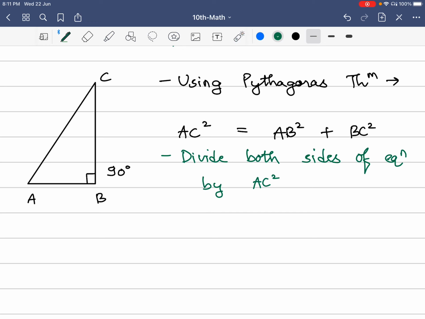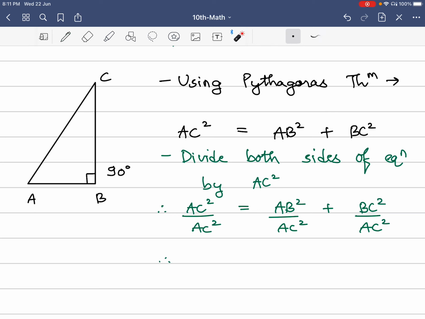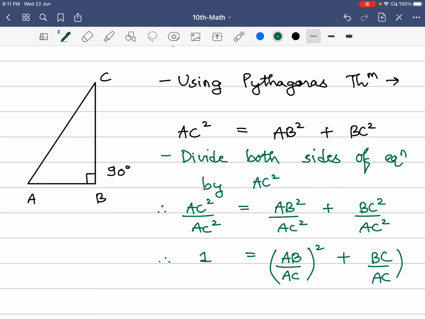We get AC square divided by AC square, that is equal to AB square divided by AC square plus BC square divided by AC square. Very clearly, AC square divided by AC square is 1. So I'm going to write 1 as equal to AB divided by AC the whole square, plus BC divided by AC the whole square. Just rearranging the square term.